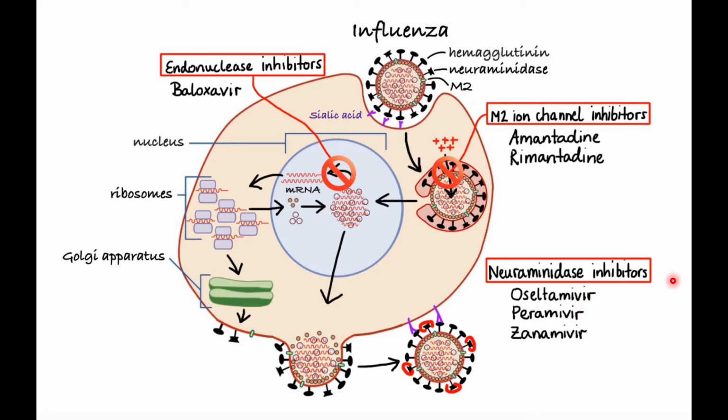The third one, but not the least, is the neuraminidase inhibitors, including oseltamivir, peramivir, and zanamivir. These drugs inhibit the neuraminidase proteins that are required to bud off the new particles from the cell. These are the most effective drugs for the treatment of influenza.